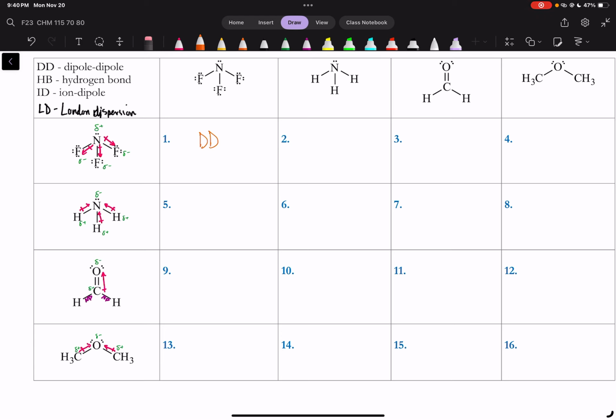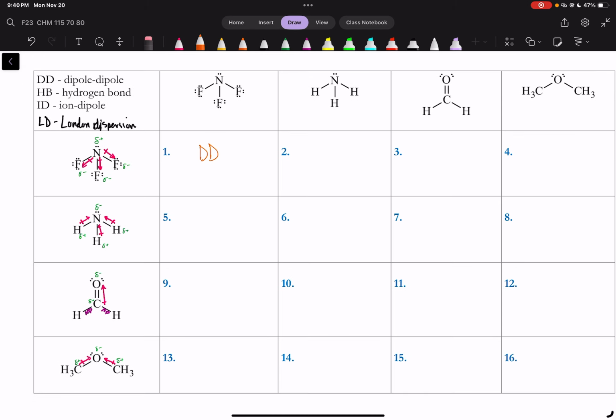Moving on down, what we want to compare is the charges on the nitrogen trifluoride versus the NH3, so the ammonia.